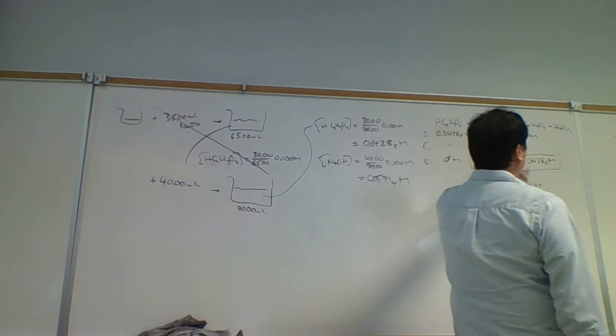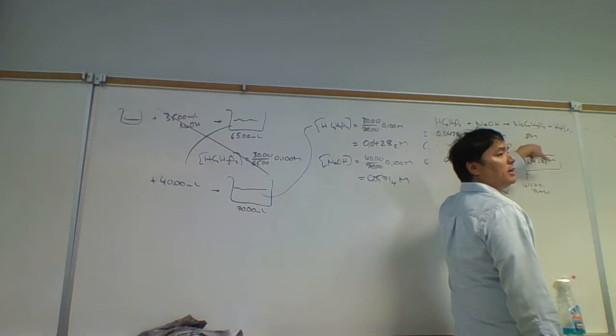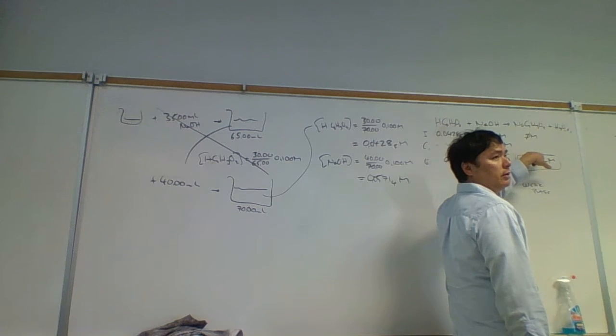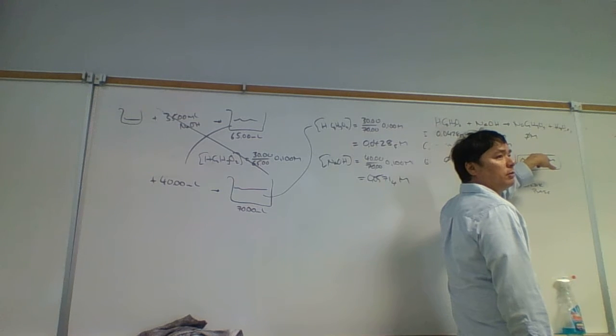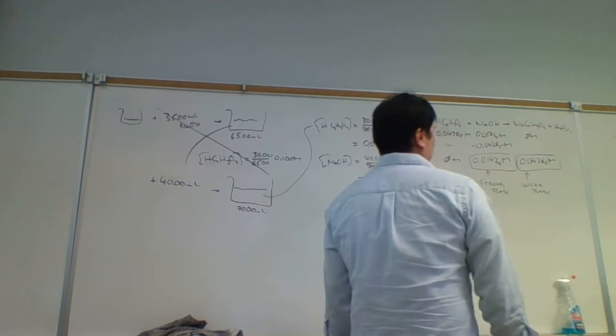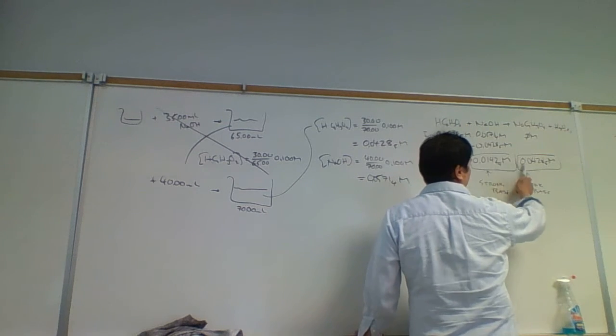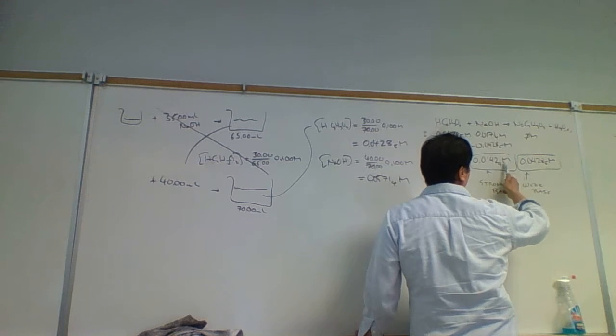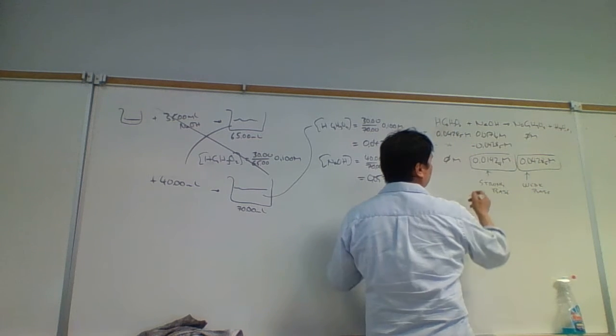This would change, of course, if the Kb were larger. You know, if the Kb here for the weak base were like 10 to the minus 2, then would you worry about the hydroxide coming from the weak base? Yeah, you would worry about it. And so, in a stepwise fashion, this is going to contribute very little.